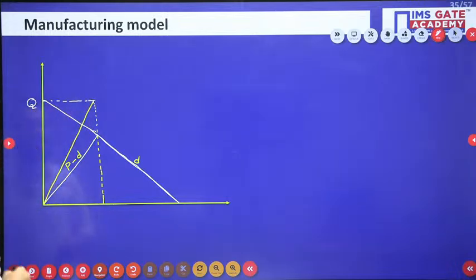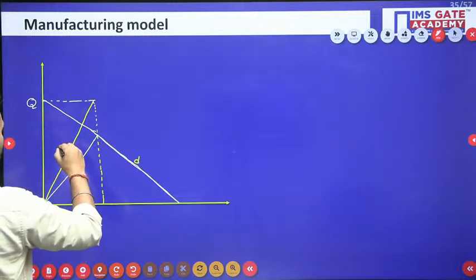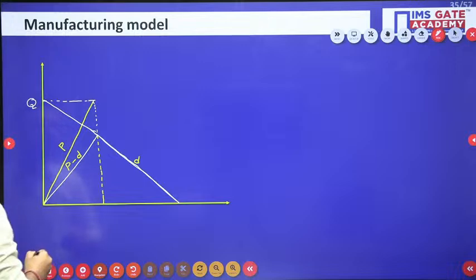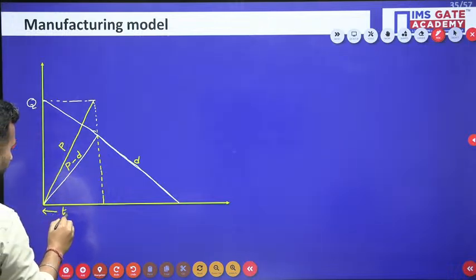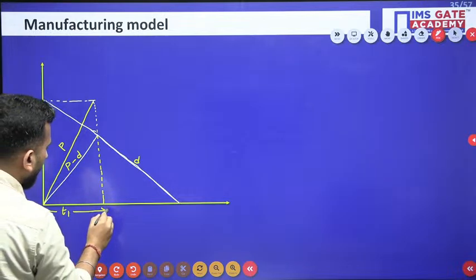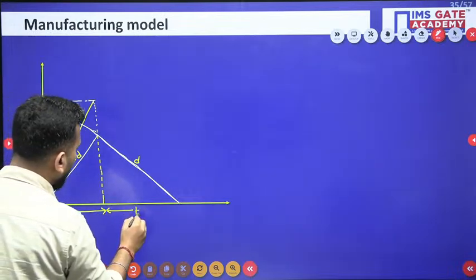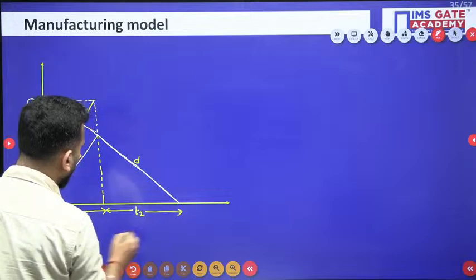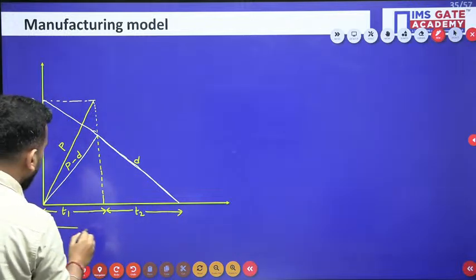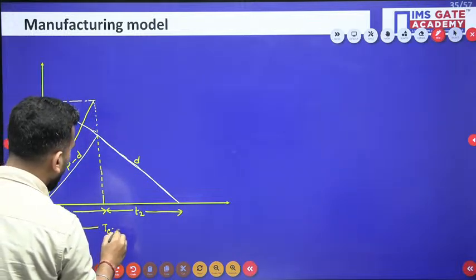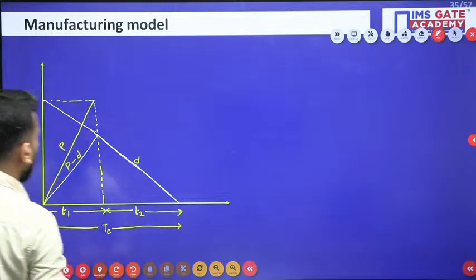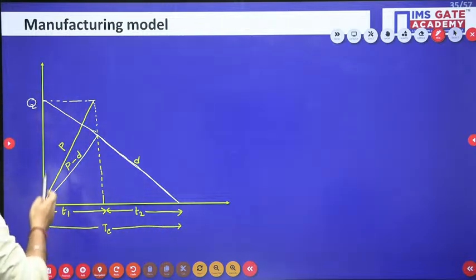Let's say you have produced Q, so you have consumed Q, and this is the rate of pure demand. So you are producing for T1 period and you are consuming for T2 period. So your cycle time will become T1 plus T2.